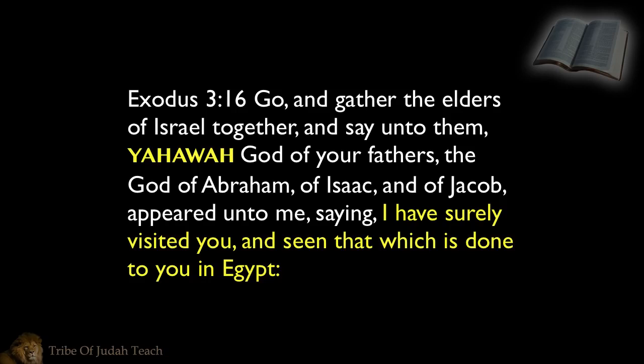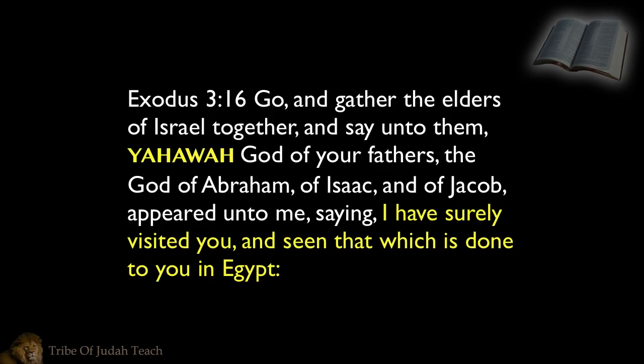Now notice, he told Moses to say, I have surely visited you and seen that which is done to you in Egypt. Why did he say that? Because as I said earlier, they had been in captivity so long that they thought the Most High forgot about them. He told Moses to reassure them that he sees their condition and that he's about to deliver them.